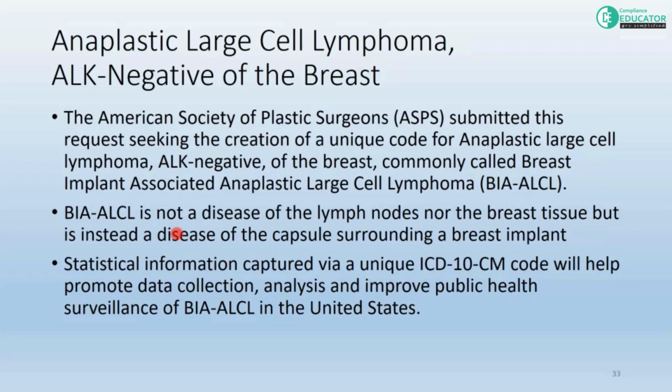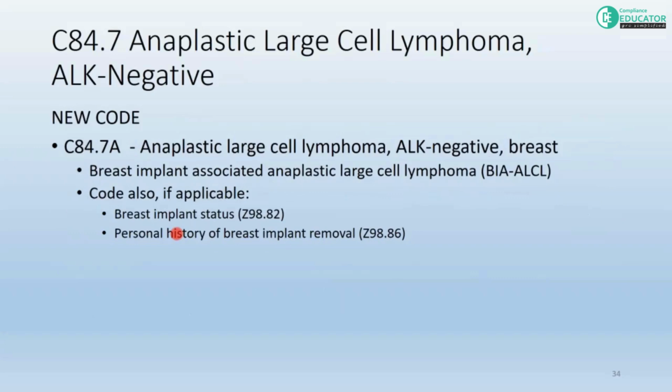So it's different. It has pathological differences. And so we see this code, and it also tells us how to code for it: we're going to take the breast implants, remove them, and get their status in there.